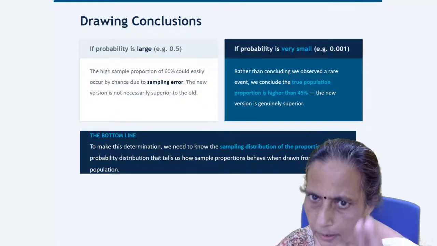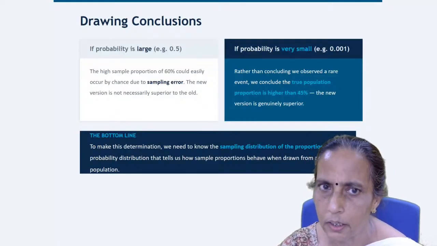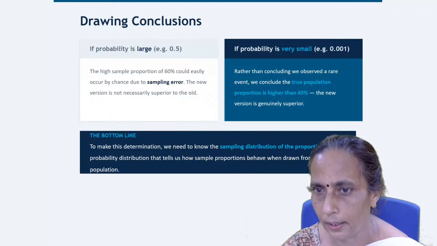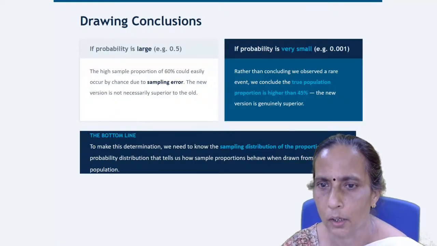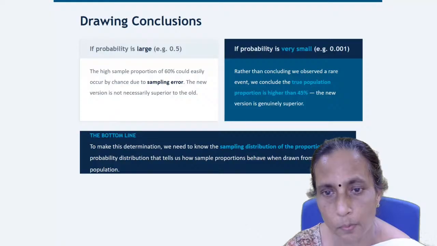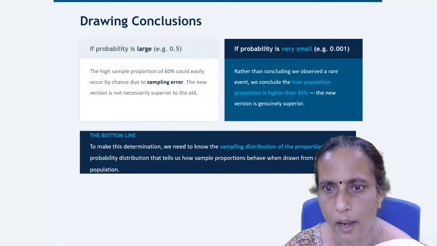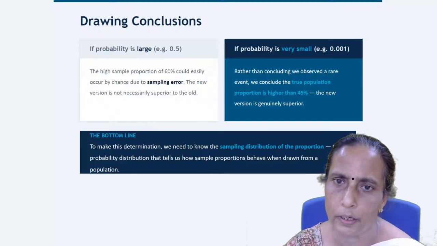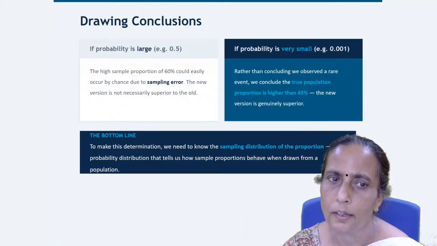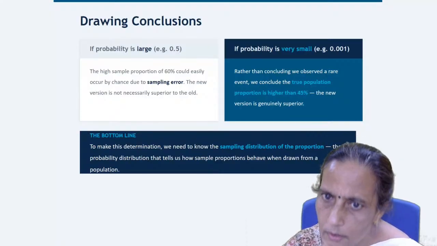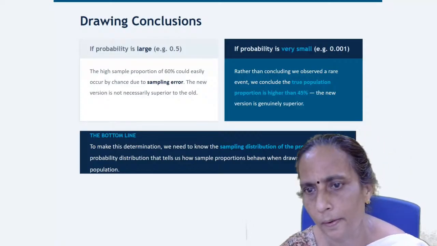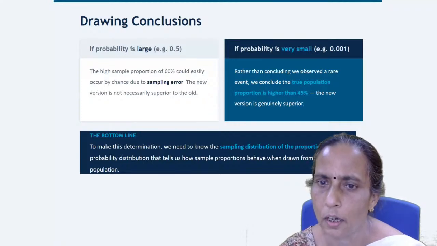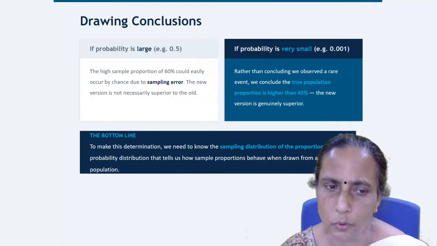But if the probability is very small, for example 0.001, then we have observed a rare event and we conclude that the true population proportion is higher than 45% and the new version is genuinely superior. So if the probability is large, the new version is not necessarily superior, but if it is very small, then the new version is genuinely superior.